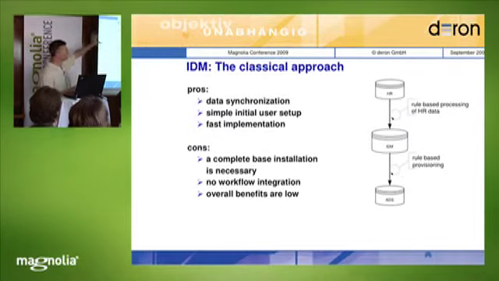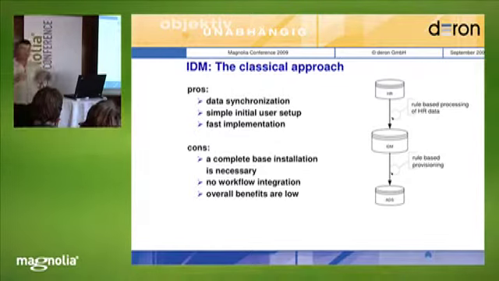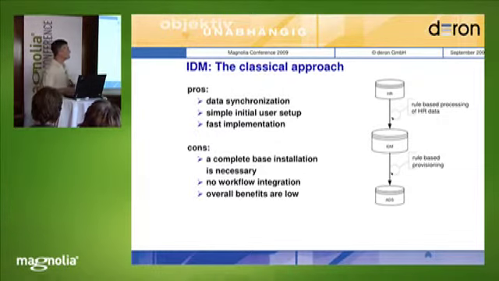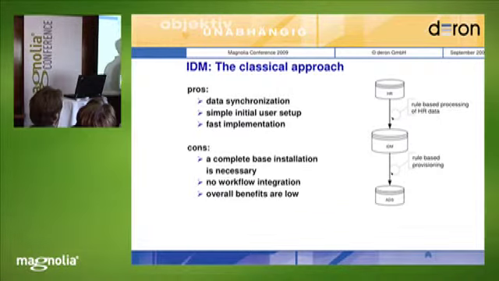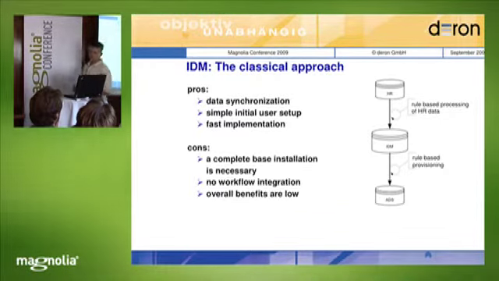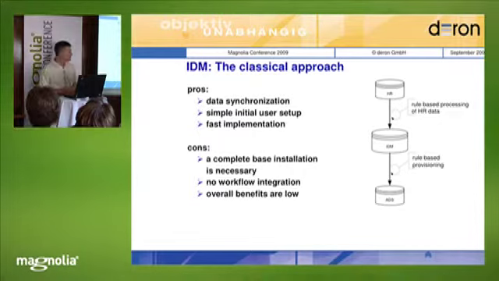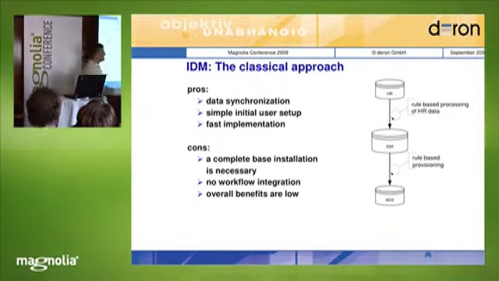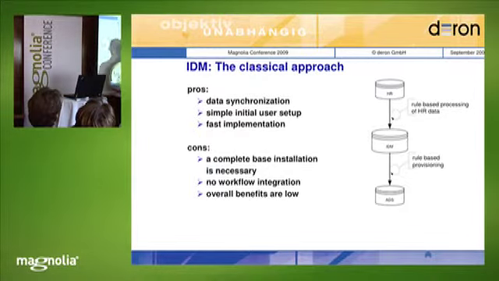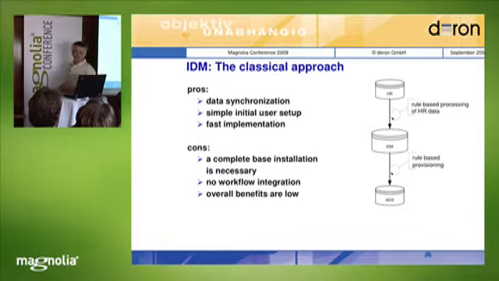So we have rule-based, and these rules decide on what happens here in this identity management store. And there are provisioning rules, and these rules decide what happens here. So this is the classical approach.